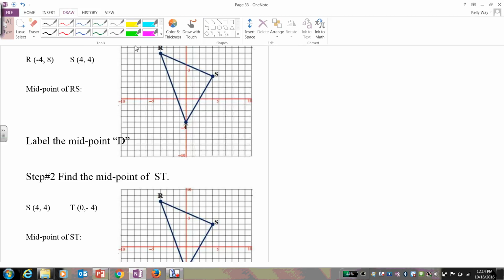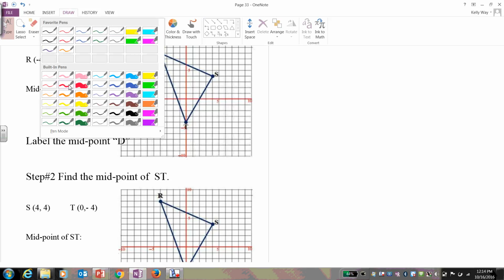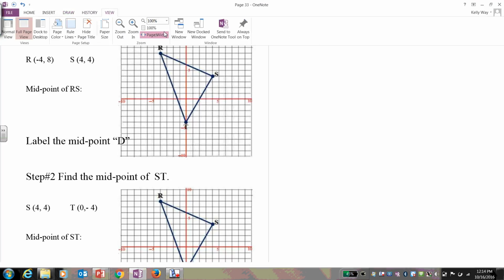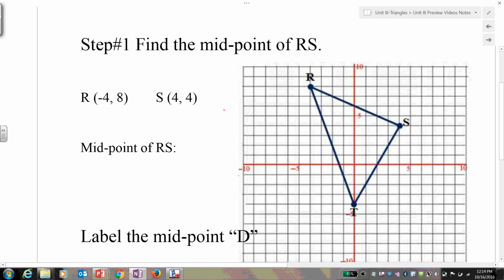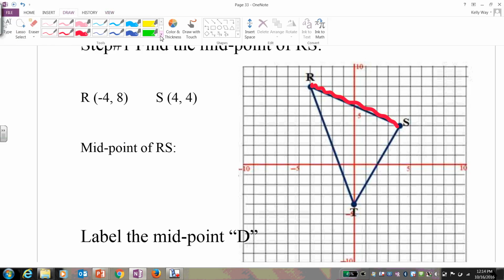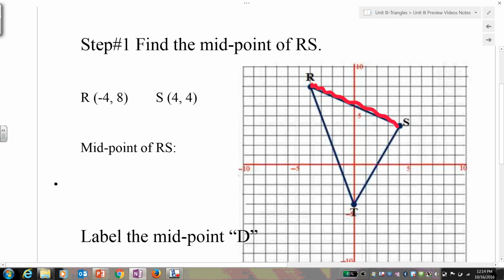Step 1. We are going to find the midpoint of R to S. Okay, so we're finding the midpoint from here to here. Let's get our coordinates. We have our coordinates. We write our template. Our midpoint template is add, divide by 2, add, divide by 2.